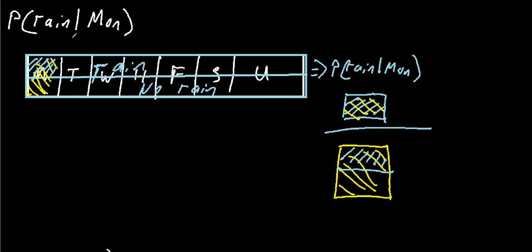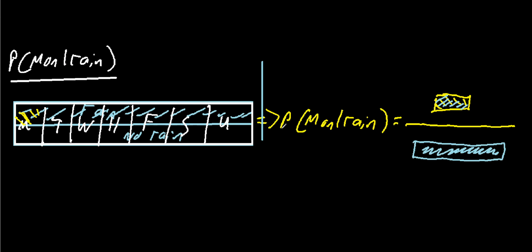With the first conditional probability, rain given Monday, we were looking at just when it was Monday, which is this area right here. With the other conditional probability, Monday given rain, we're looking at when it is rainy. That is the thing we're conditioning on, and that's what's in the denominator, represented here by this top part.